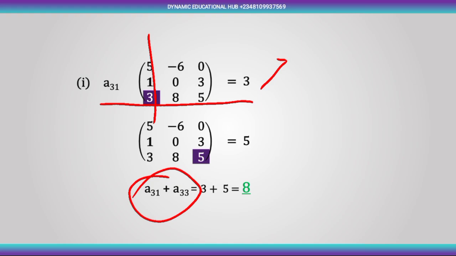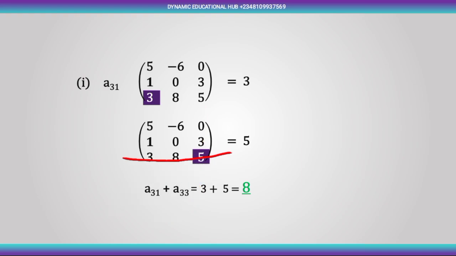Now A33 means third row and third column, which corresponds with 5. So we have 5 over here. Now let's solve the math. A31 plus A33 gives us 3 plus 5, making 8.